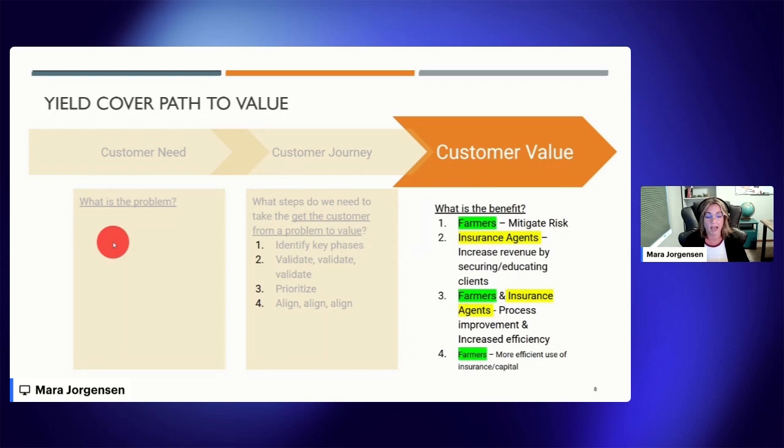And we want farmers to have more efficient use of their insurance and capital, which can run along with saving money, but it could also run along with spending more money. So if they're not insured to the highest level, and they should be, they might be spending more money. There are a lot of benefits to using Yield Cover, and we are going to learn about them and validate them along the way.